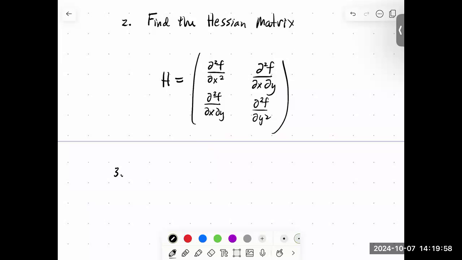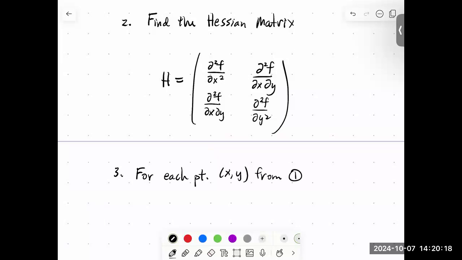The next thing you do is that for each point x, y from the first step, right? So we found those points that satisfy the first derivatives equal to 0.